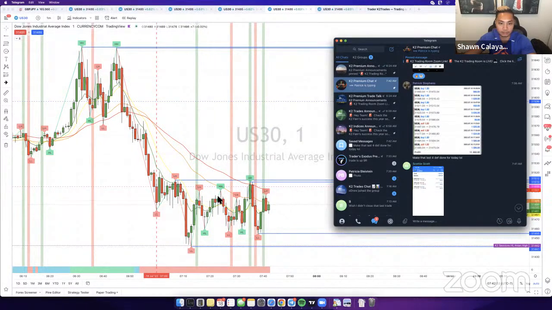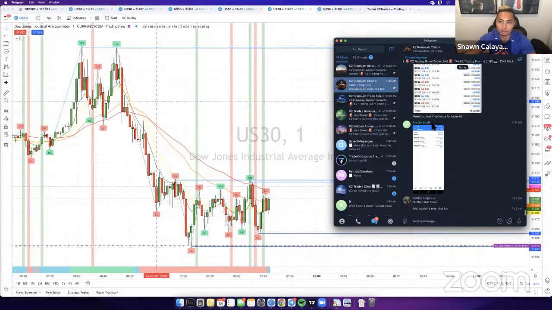I could see that, yeah. Sell right here, and then also the buy in this direction. So sell, buy, sell. It's pretty solid. Patrick over here is using it, and he's also using the engulfings as well. Pretty solid. Nice work, Patrick.